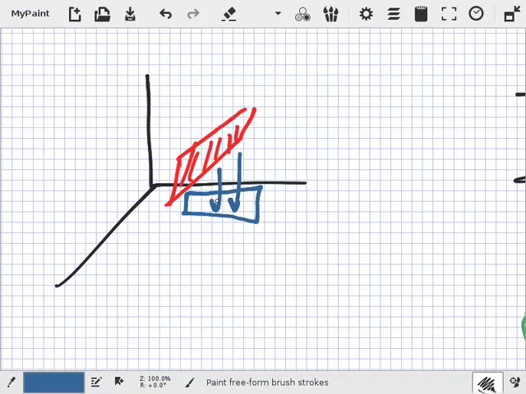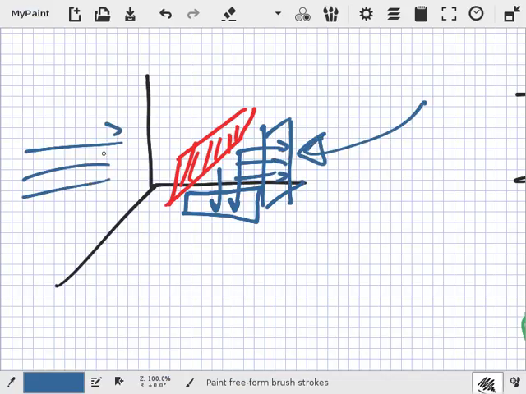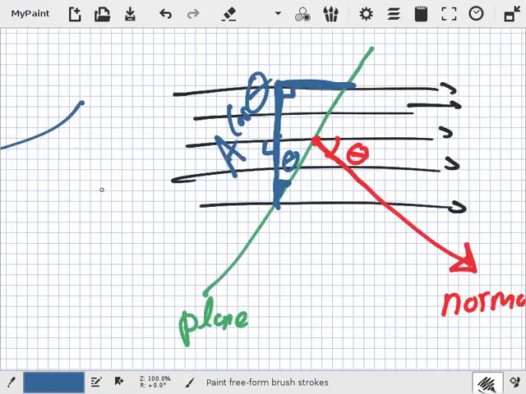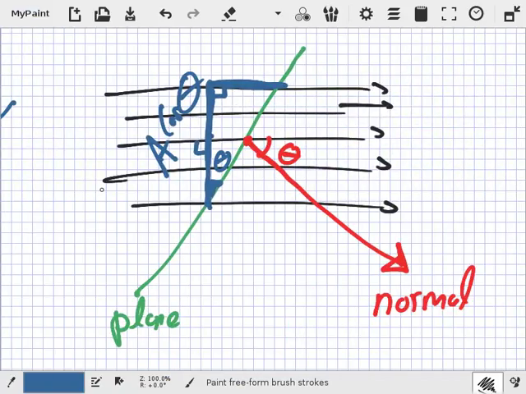If I could project the side down, and I could project the side across, maybe I only care about this one because the field is coming this way, you know. It's a bit like resolving. I'm resolving the area into 2 parts. We only care about the area where the field is perpendicular to it.